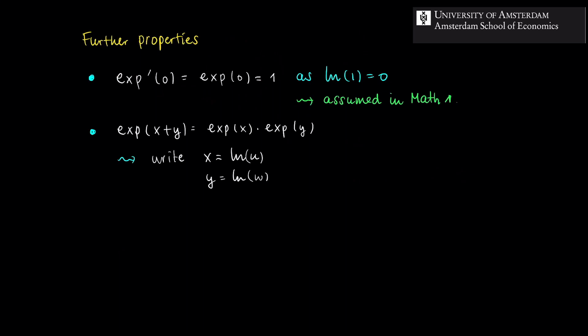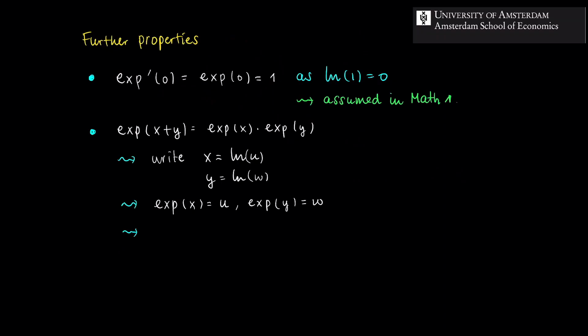Since x and y are real numbers, such u and w must exist, and these values are unique. So the exponential function evaluated in x equals u, and the exponential function evaluated in y, as the inverse of the log, equals w.